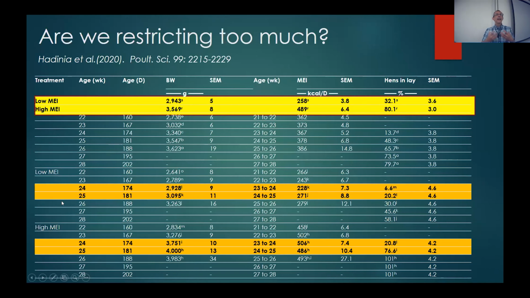So again, this brings that other argument that having an increase in body weight and most likely an increase in body reserve right before photostimulation or right before maturation may be one of the best management tools.